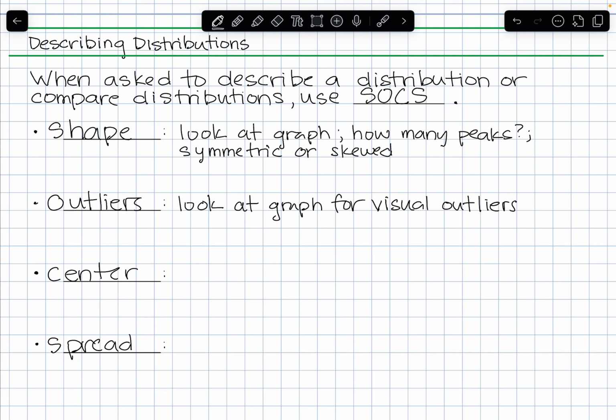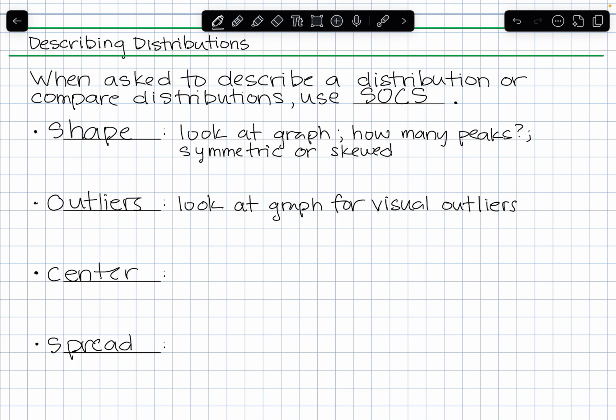We don't really need to test for them unless you're explicitly asked to. Once we've described our graph by looking at its shape and whether there are any data points that don't seem to fit the pattern, we're going to describe its center and its spread.